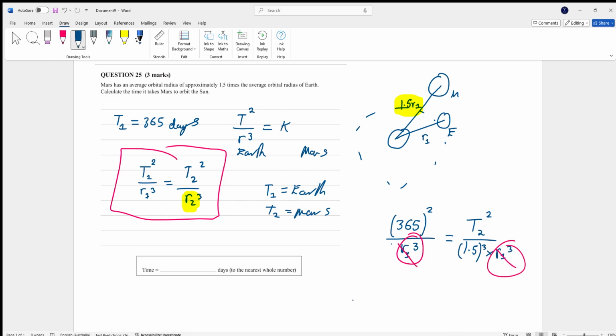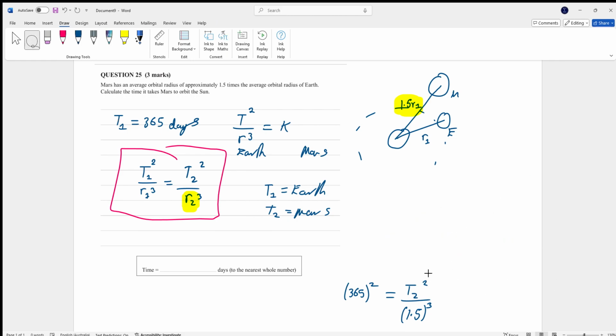So what we're left with is 365 squared is equal to the period we're trying to find, T2 squared, over just a number. We can now solve for that. We multiply both sides by 1.5 cubed, and then we can start solving for T2.